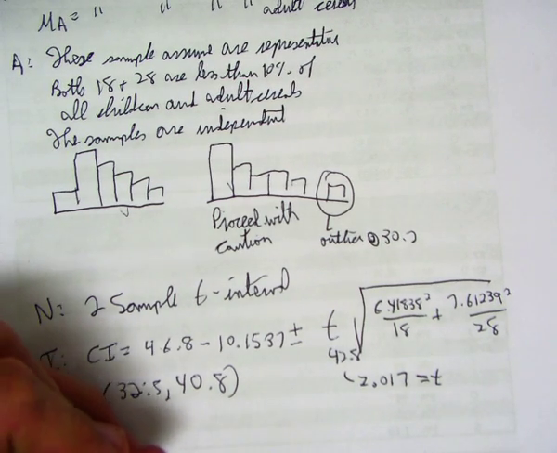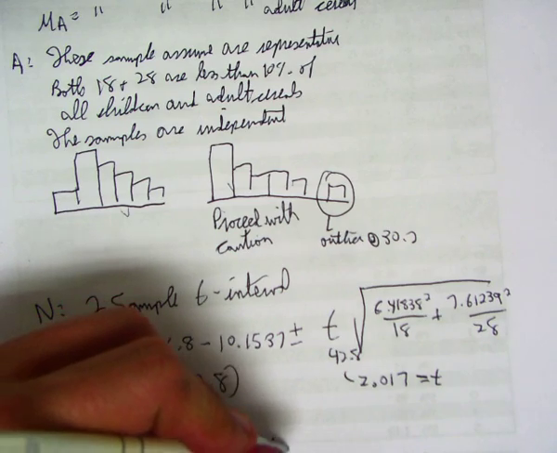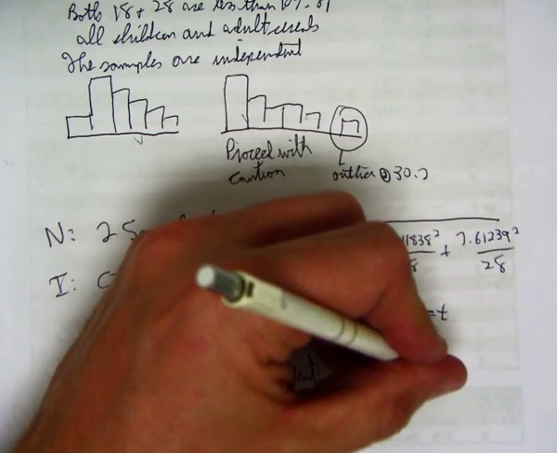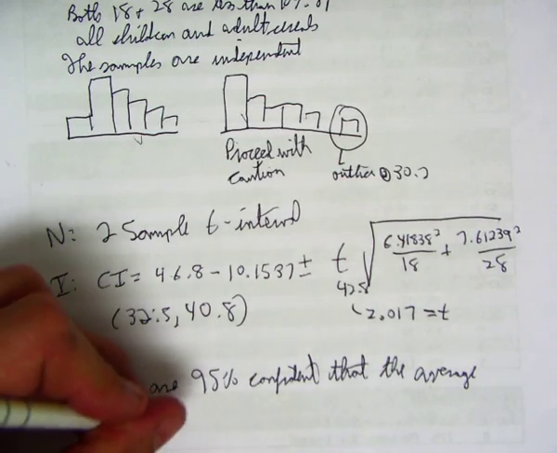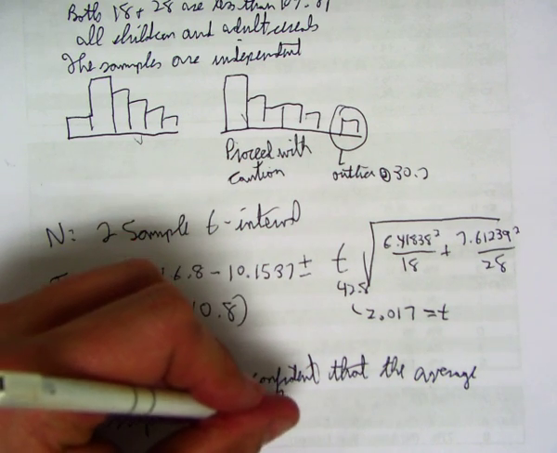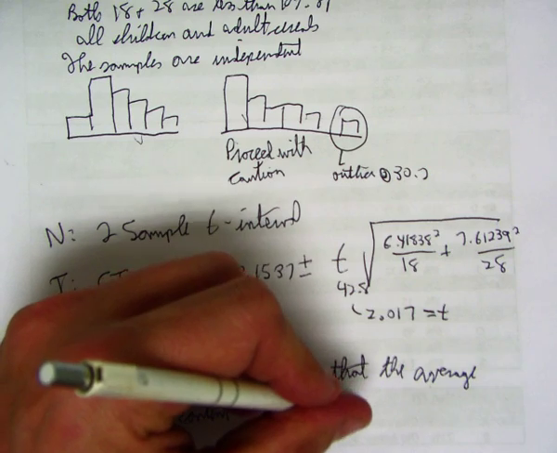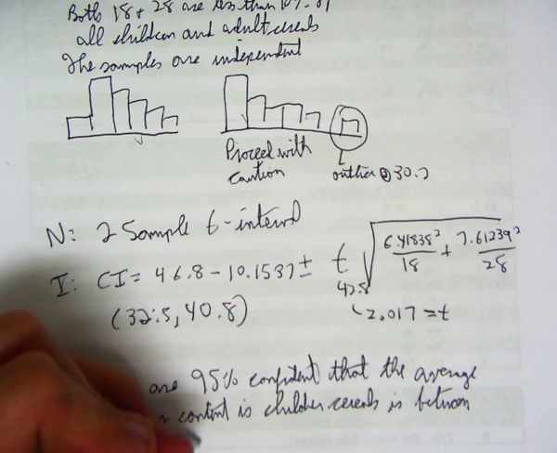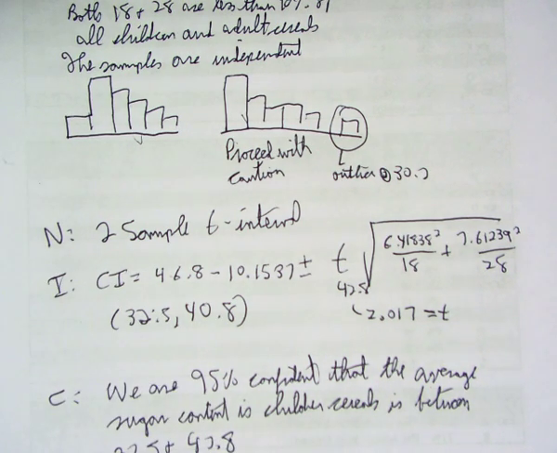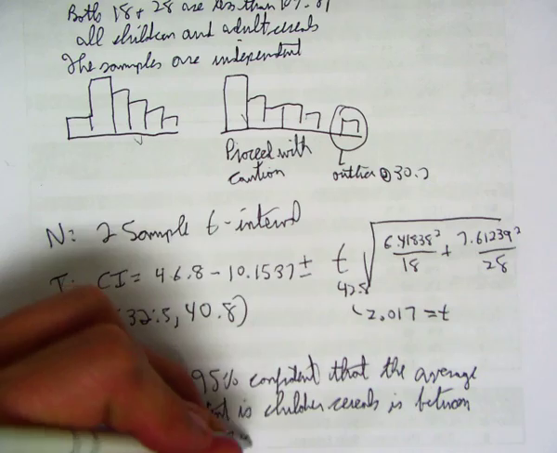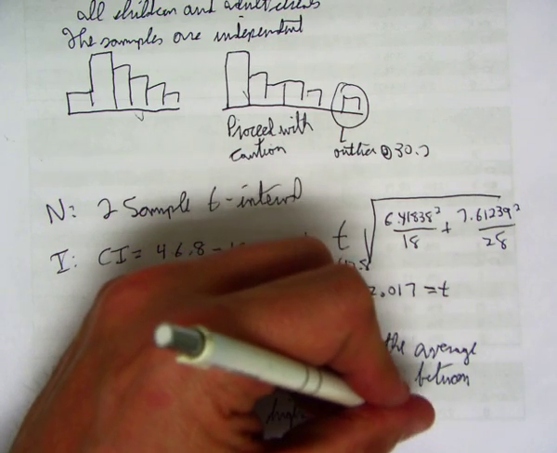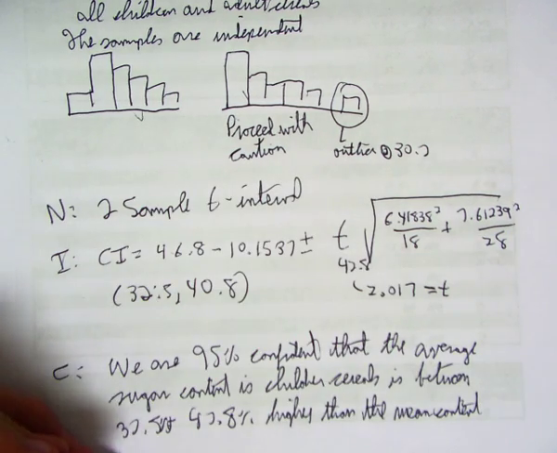Okay, and then we have to write our conclusion. We are 95% confident that the mean sugar content in children's cereals is between 32.5 and 40.8 percent higher than the mean content in adult cereals.